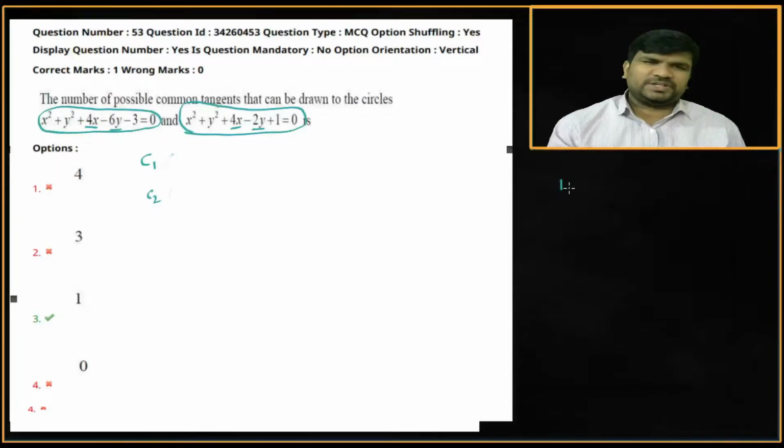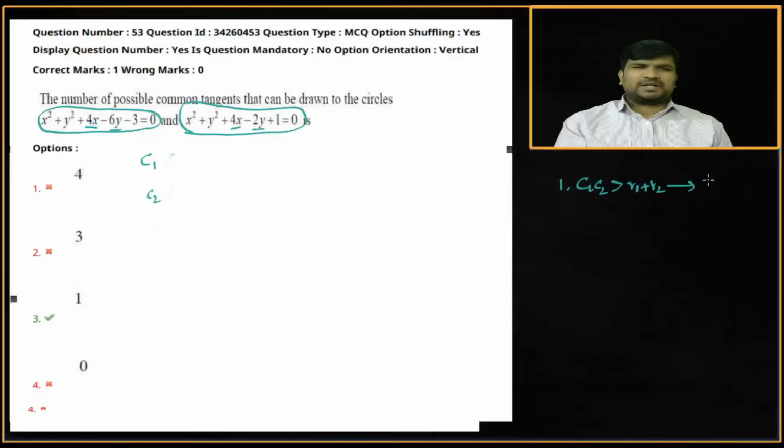So the first condition is, if C1C2 is greater than R1 plus R2, the 2 circles do not touch each other. One circle lies completely outside the other circle, then we can draw a total of 4 common tangents, 2 transverse common tangents and 2 direct common tangents.